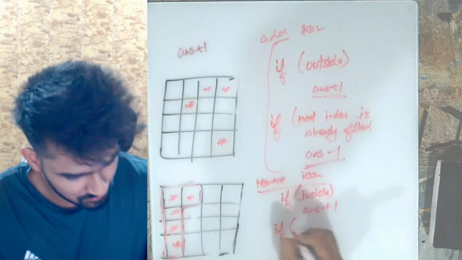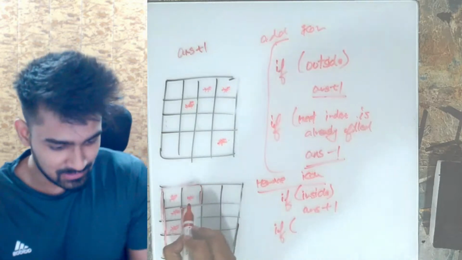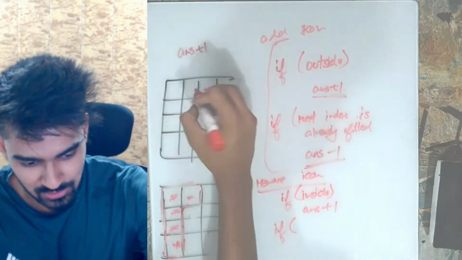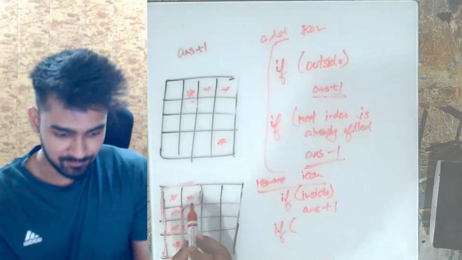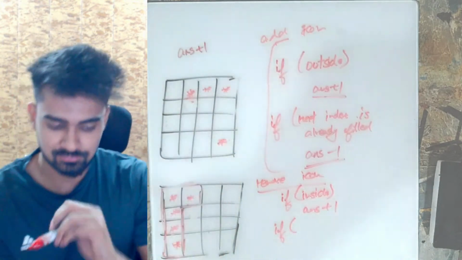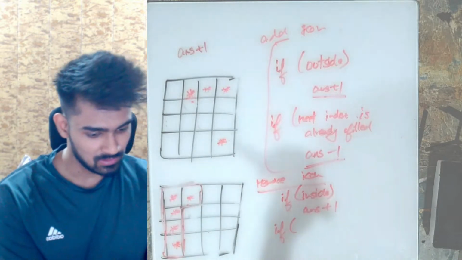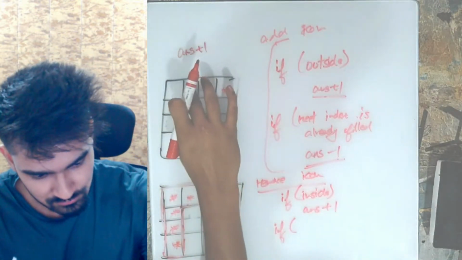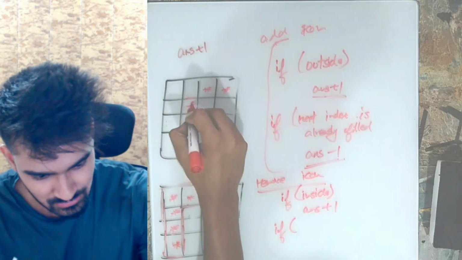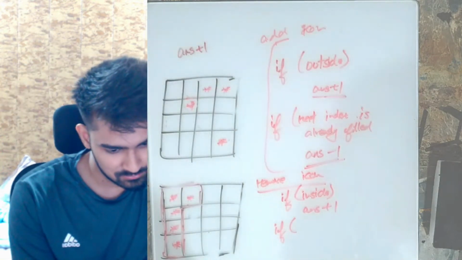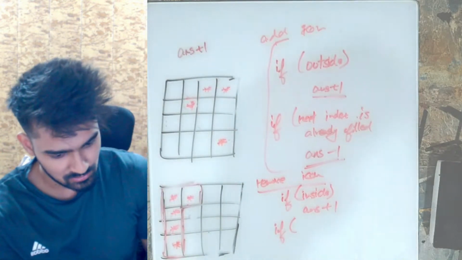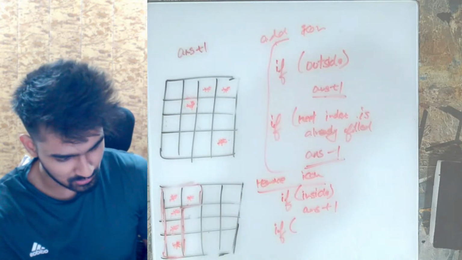Also, if this index was already filled, let's say this was actually present here. If this index was already filled, this one only, I think. This is 4 moves here also.